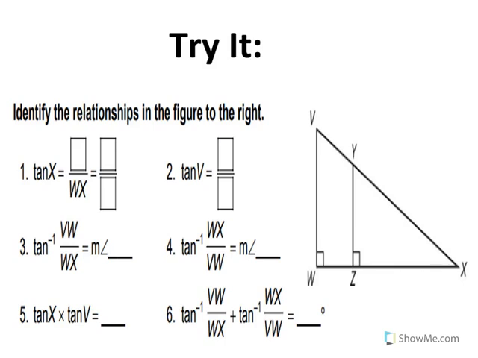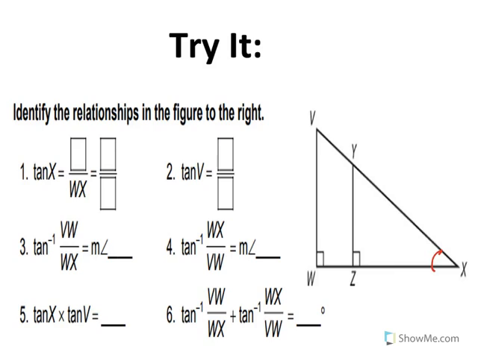Right, okay, so here we want you guys to start trying to use your ratio. Identify the relationship in the figure to the right. For number 1, we're looking at tangent x. So tangent x is here.